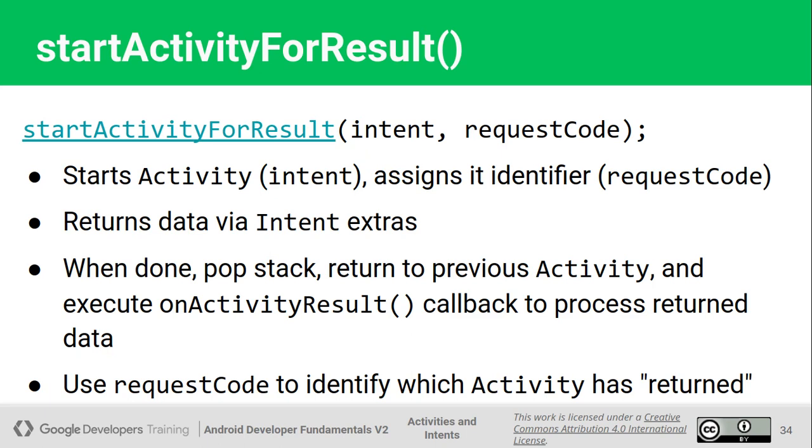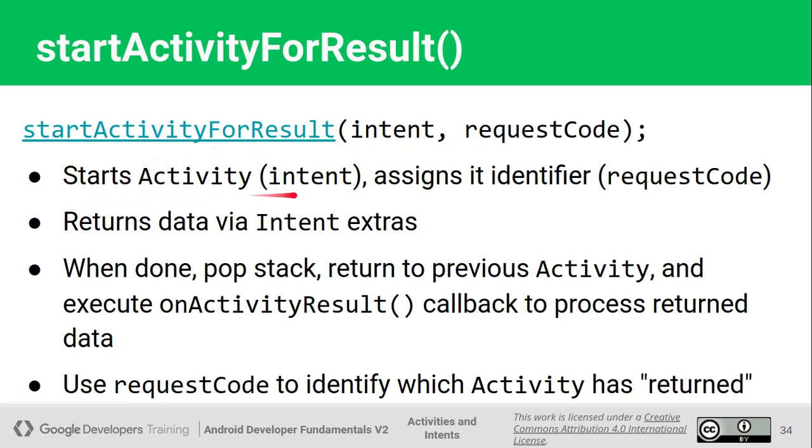When an activity returns a result, we check the request code. If the request code is 2, we know activity 2 has returned the result. If the request code is 3, we know the result has been sent by activity number 3.